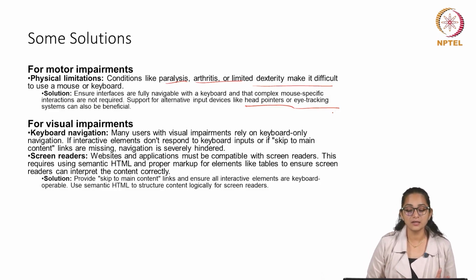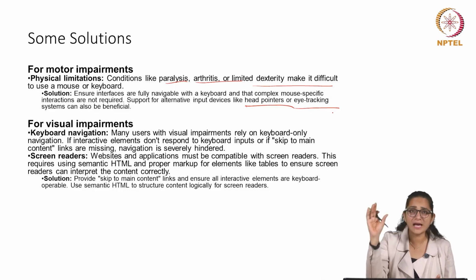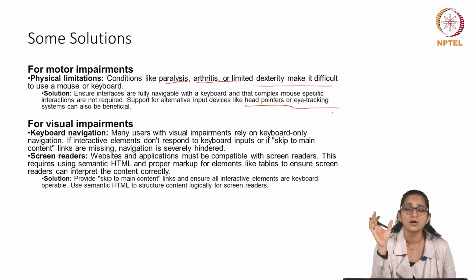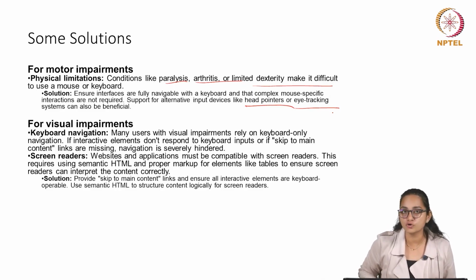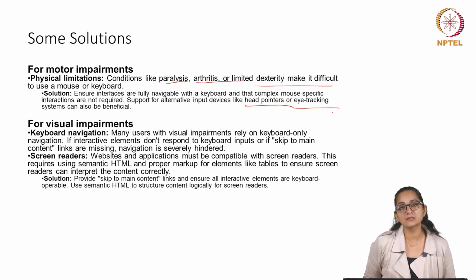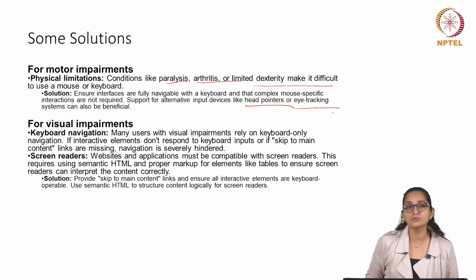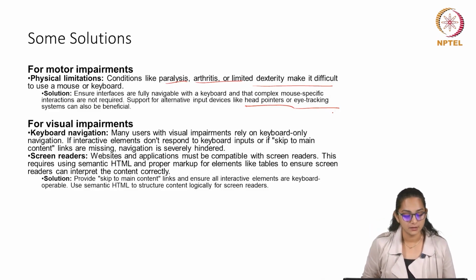But if interactive elements don't respond to keyboard inputs, or if skip to main content links are missing, right. So, for example, there is a dashboard on top, an introductory tile on top of your website, there are many tabs on the website, and the moment you open the website and the screen reader is also on, the screen reader starts reading from the top, right, but you don't want that audio clutter, and there is no skip to main content link.